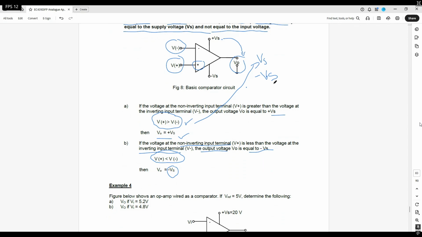If your output is negative Vs, then you are applying this condition. So please take note of this. It could be a potential question in your exam. So be careful again. The output, one is negative, one is positive, but it depends on the condition.